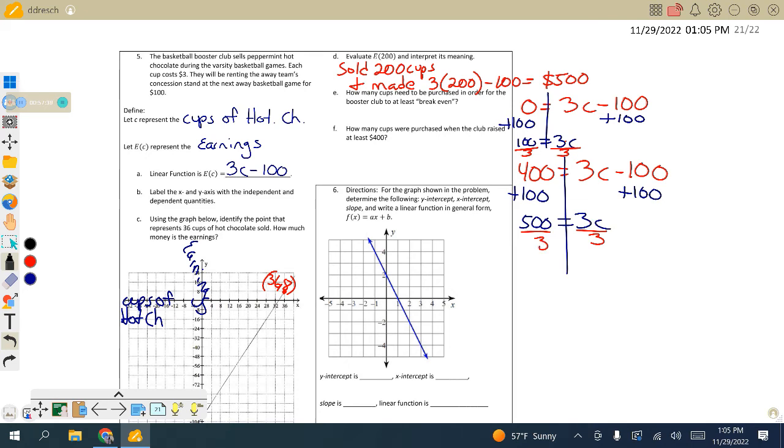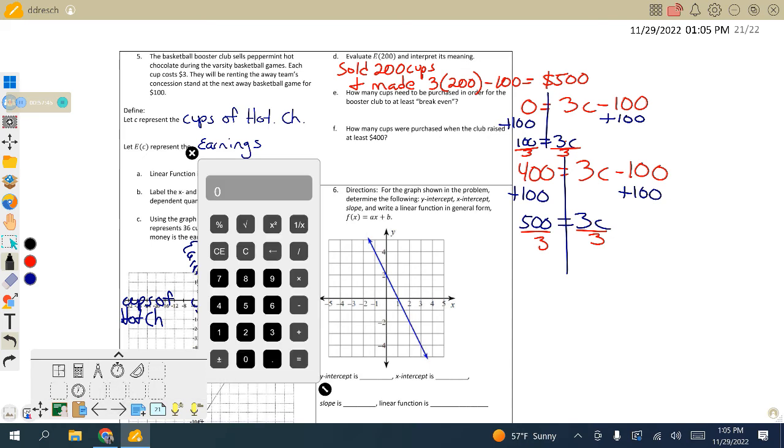We are not going to get nice numbers. We cannot take 100 divided by 3 nice, nor 500 divided by 3 nice. So let's think about our rounding game. 100 divided by 3, what do I round that to? 33 cups or 34 cups?